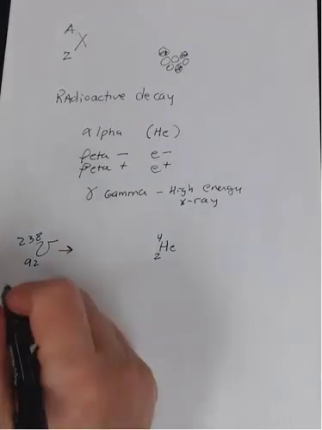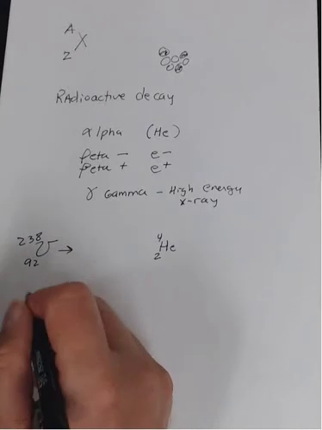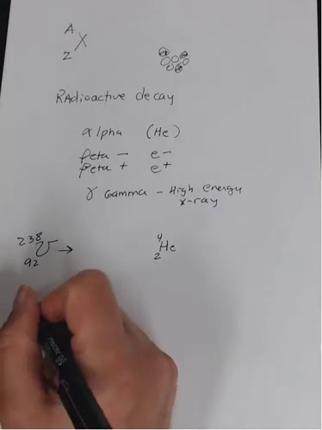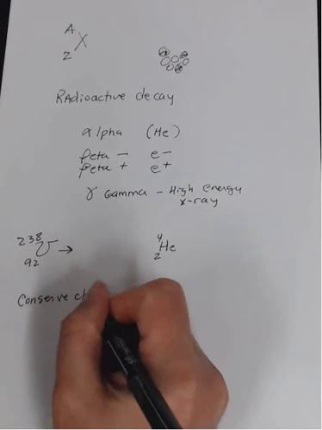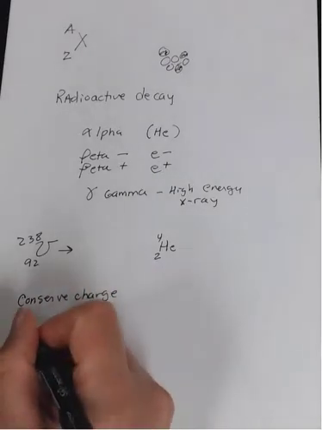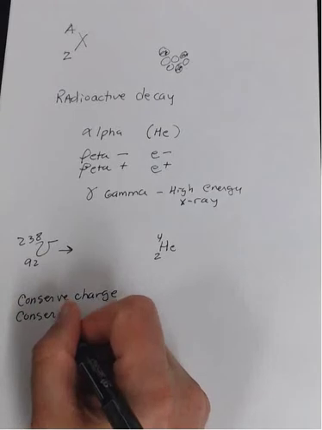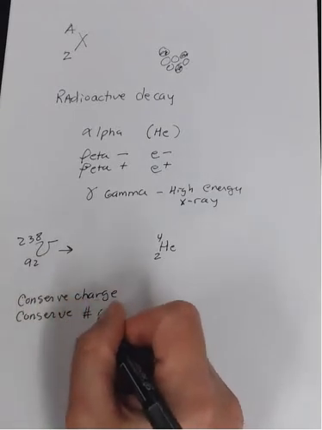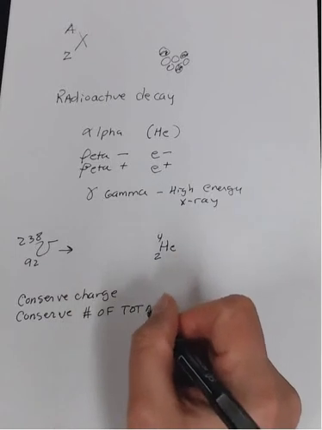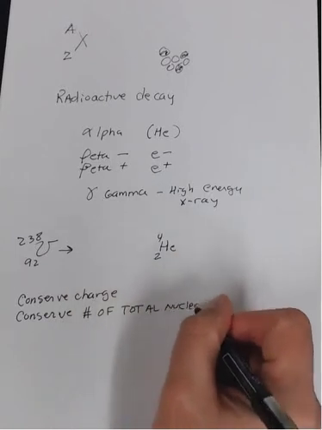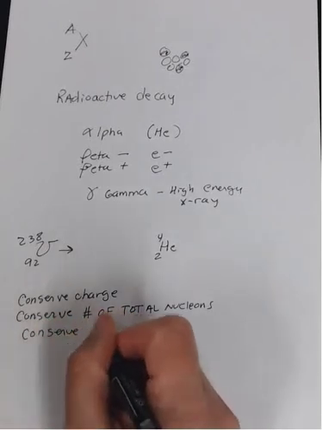Now, for all these radioactive decays, you have to conserve charge, and you conserve the number of total nucleons, so the number of protons and neutrons. And you conserve energy too, of course.